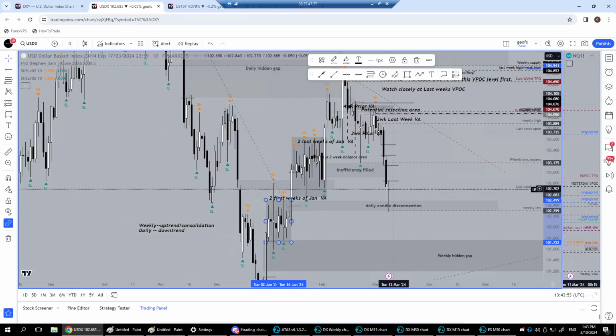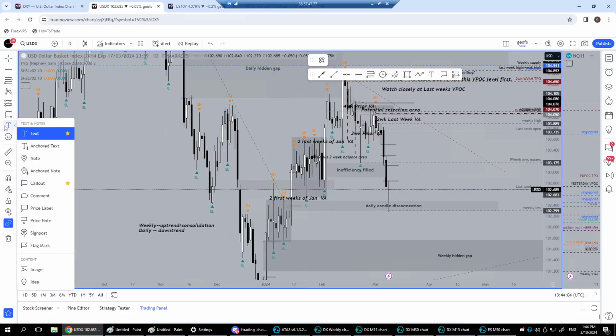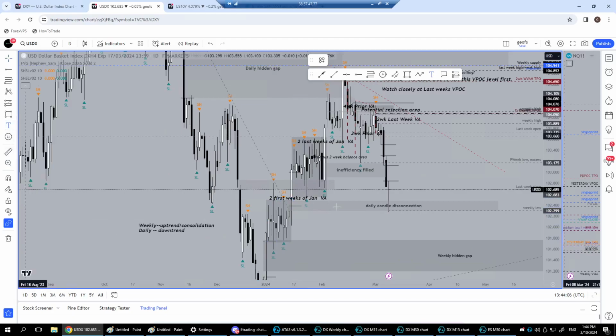And we noticed the daily ended with a pin bar, a doji. You'd call that a gravestone doji, I guess. So I'm just gonna note that. Is that the right name for that? Gravestone doji? I'm not a big candlestick patterns guy, but that looks like rejection, you know?